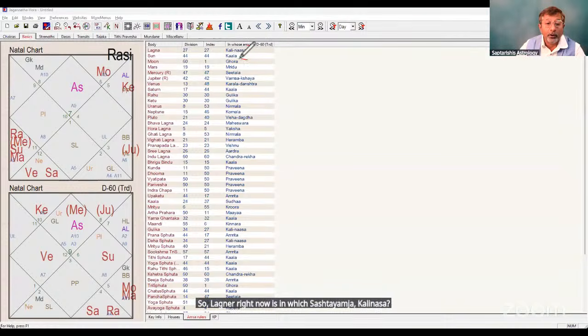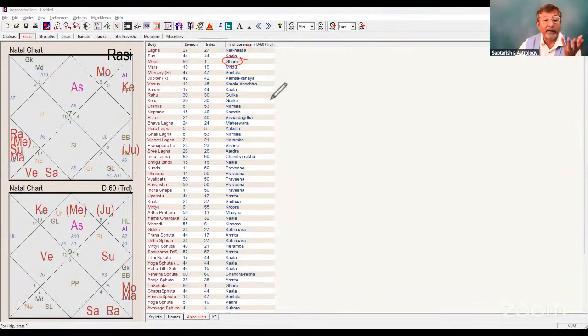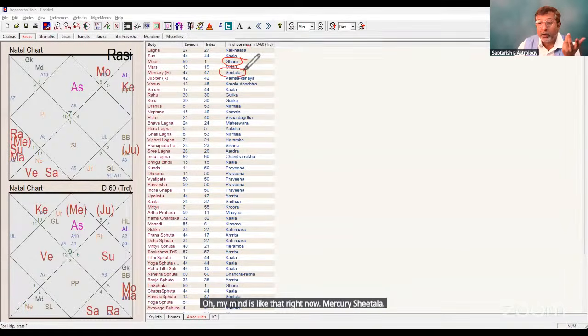Moon is in Ghor. Mercury Shitala. What is Shitala? Soft, little. Are you getting? Rahu Ketu is in Gulika. The real nature of the person is like the DNA. But that is nothing. The main is Nadiyamsa. Nadiyamsa, who wants to take? Nobody wants to take.